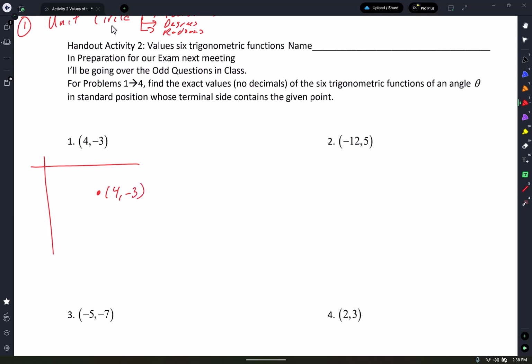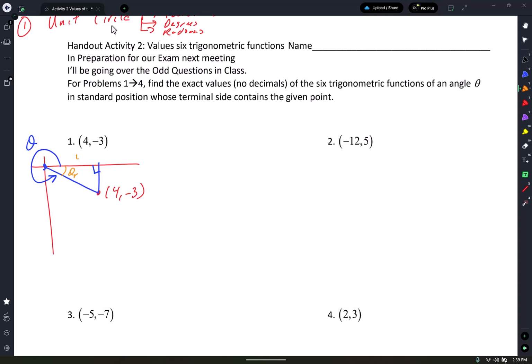And so what you're going to do is connect it with the origin, like so. Not to scale, it's not perfect. And then draw a reference triangle. The actual angle is this one, but you're going to use the reference angle to help you out. You're going to use this guy right here.